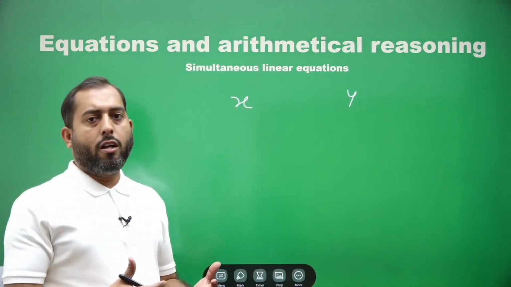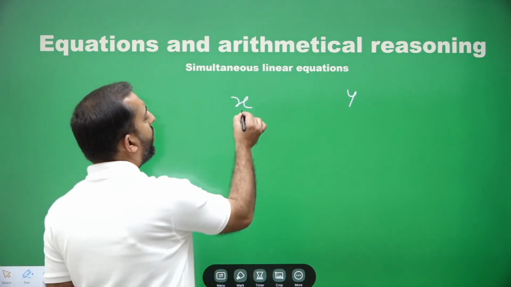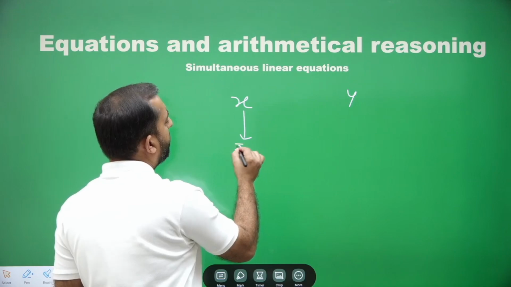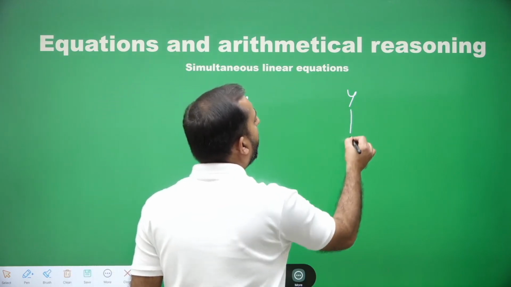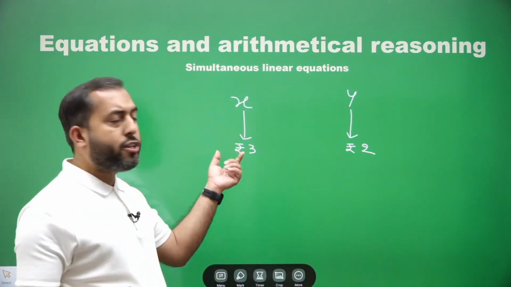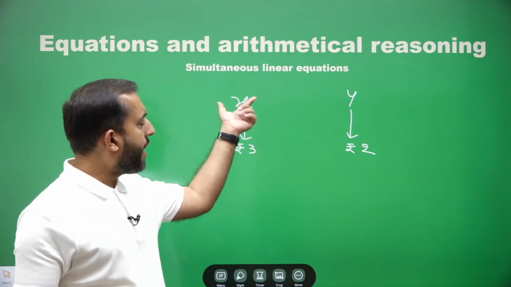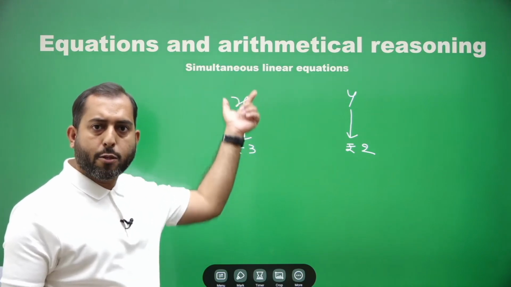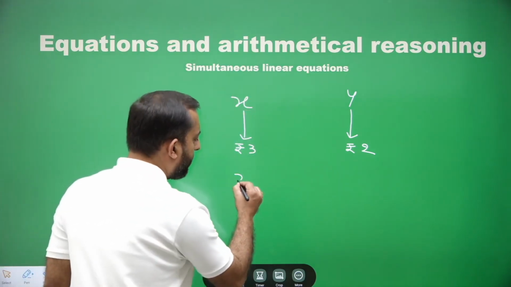We don't know the prices, so let's assume the price of one chocolate was rupee 3 and the price of one toffee was rupee 2. If the price of one chocolate is rupee 3 and there are X chocolates, the total money spent on chocolate must be 3x.